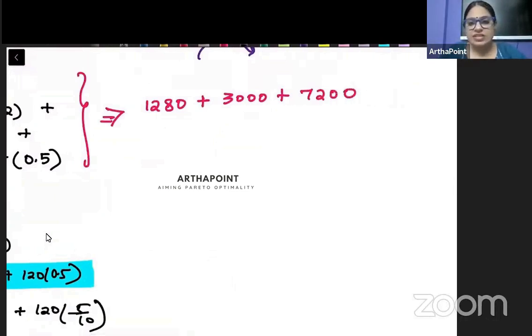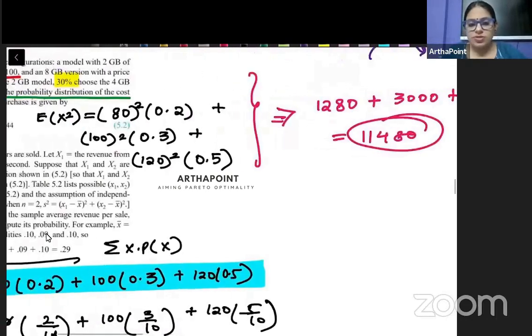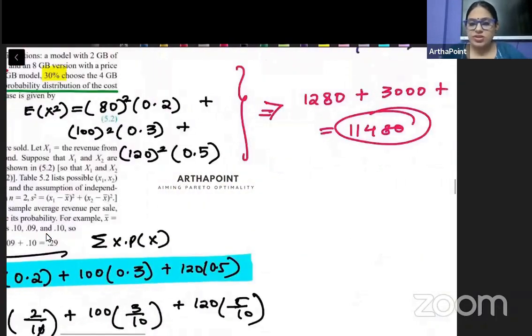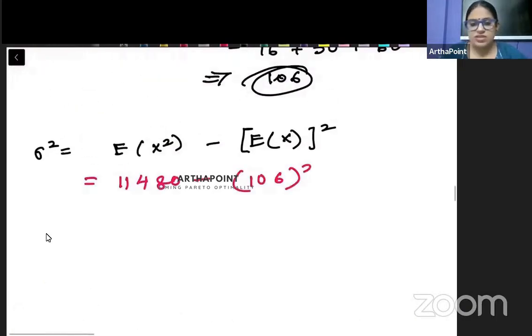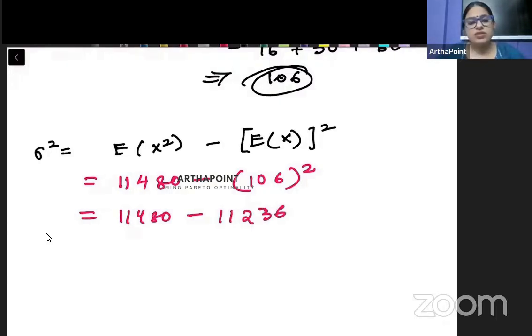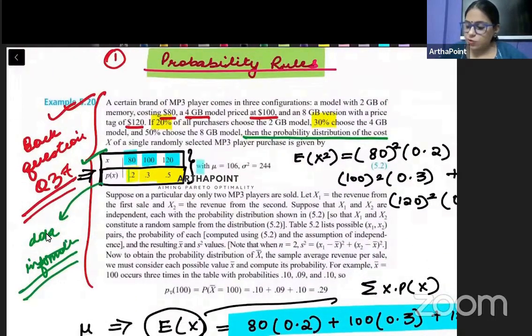So if I add this together, plus 3000 and plus 1280, this gives me 11,480. So I am just going to put this value here. So this will be 11,480 minus E of x whole square, that means 106 whole square. If I do 106 into 106, I get 11236. So 11480 minus 11236 will give me the answer as 244. Therefore, I can say that the variance will be 244.